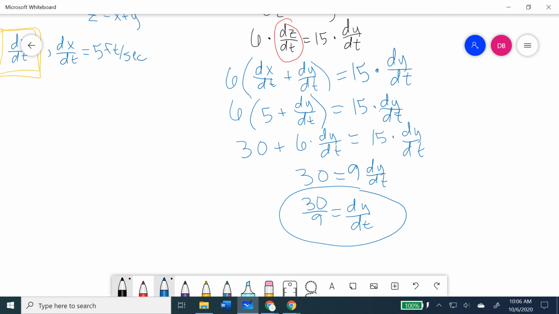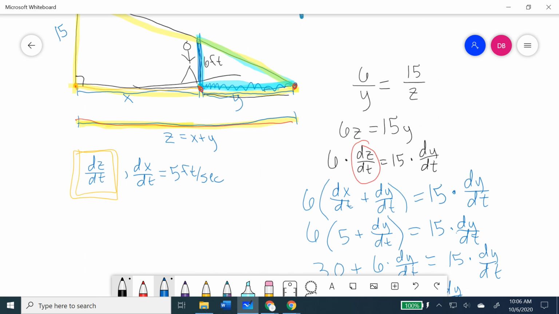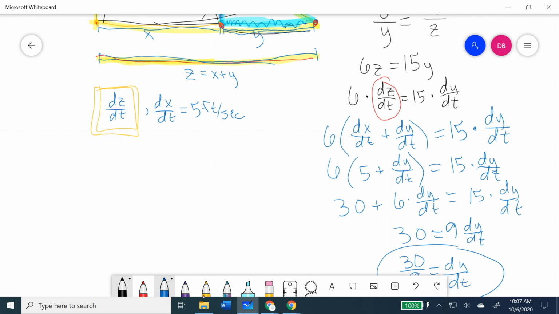Now, dy/dt is the rate at which the shadow is moving. I need dz/dt, and dz/dt is equal to the sum of dx/dt plus dy/dt. dx/dt is 5, and dy/dt is 30/9.